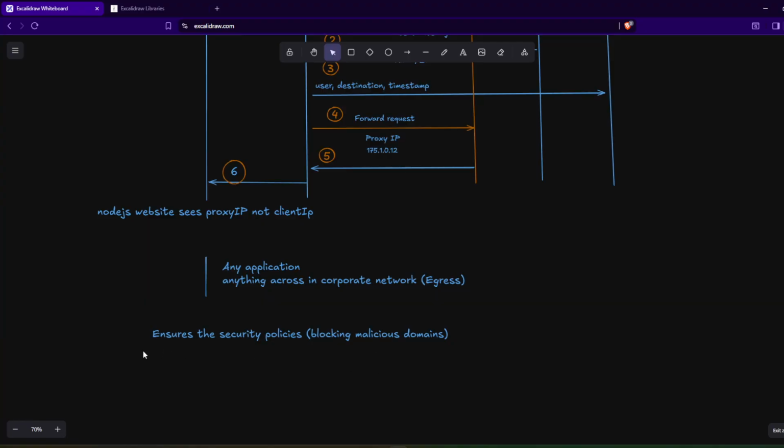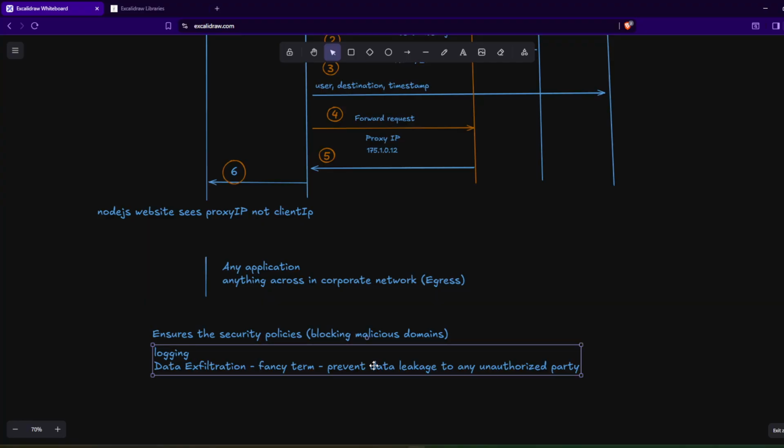And also logging, and there is something called data exfiltration. Data exfiltration is a fancy term for preventing data leakage to an unauthorized party. For example, you are pushing some code, and that code has some sort of credentials.